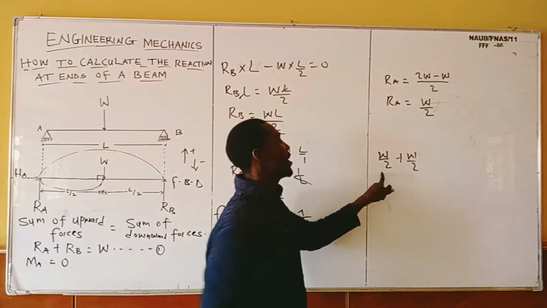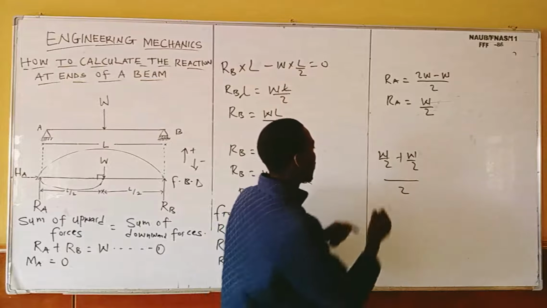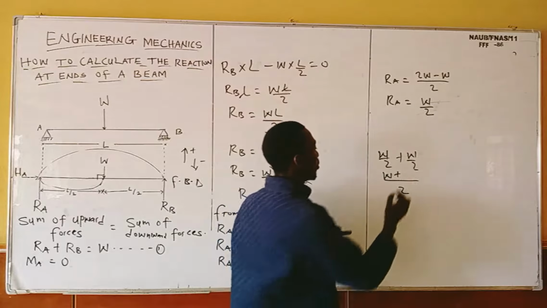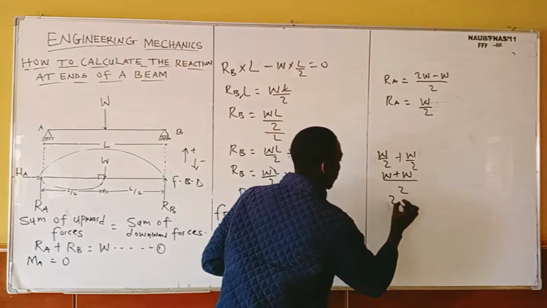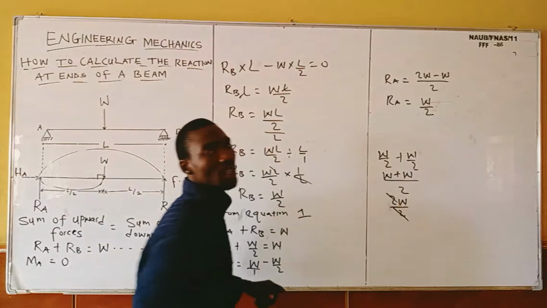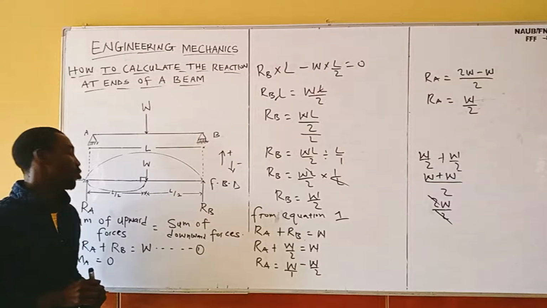Now look at this. The LCM of 2 and 2 is 2. 1 in 2 is 1, 1 times W is W, plus 2 in 2 is 1, 1 times W is also W. W plus W is 2W. 2W over 2. You see these two cancel out these two, then we get W. So it shows that the mathematics is true.